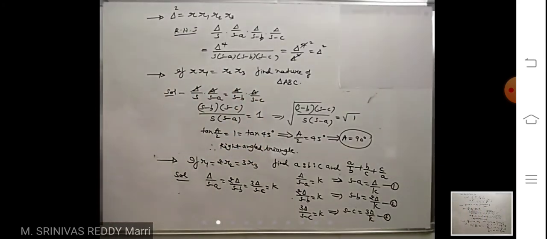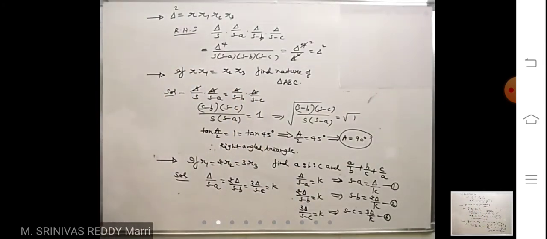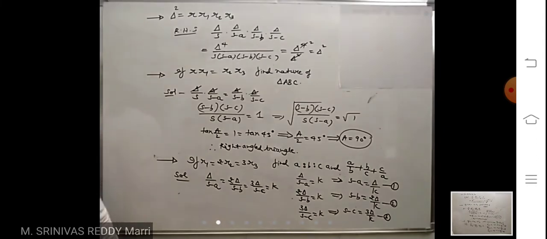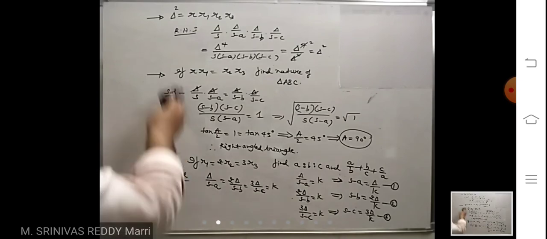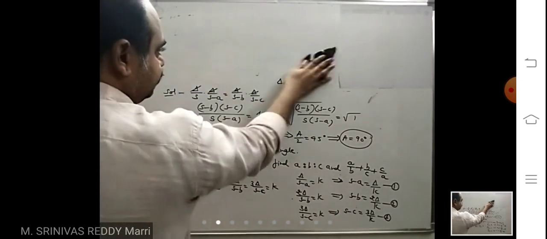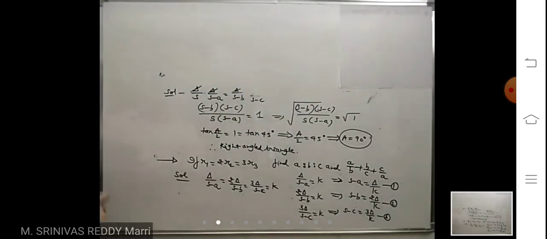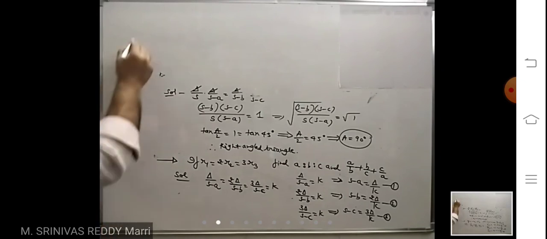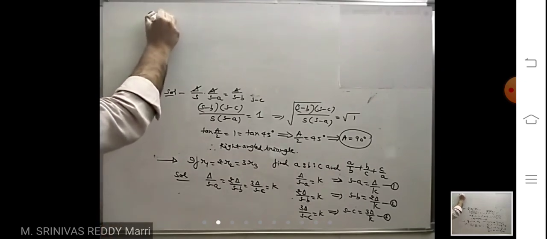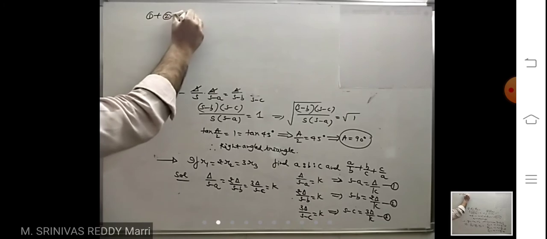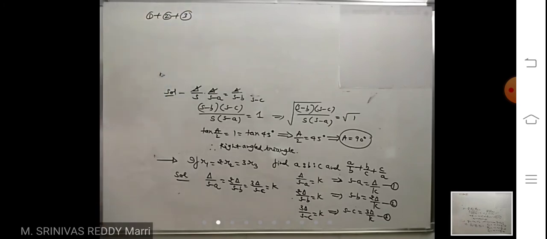My aim is to calculate a is to b is to c. That means I have to calculate what is a, what is b, what is c. Now I am adding 1 plus 2 plus 3: first equation plus second equation plus third equation.